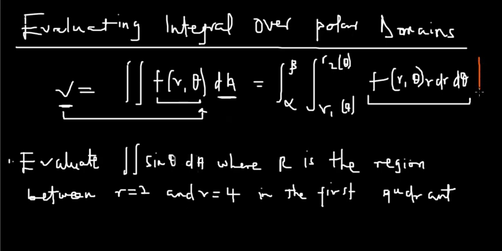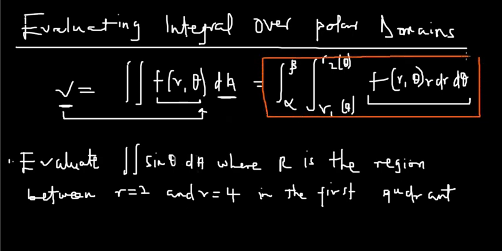Keep this entire expression in mind, because that's what we'll be using throughout this video. So we have the function f of r and theta, and then we have another r over here. That's why I'm saying keep this equation in mind. We have another r over here. This r is very important. We'll be just implementing this r throughout the examples we'll be solving.